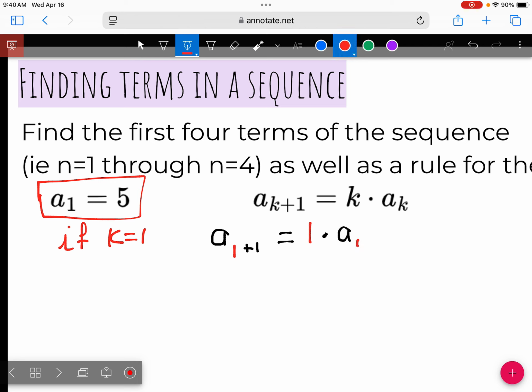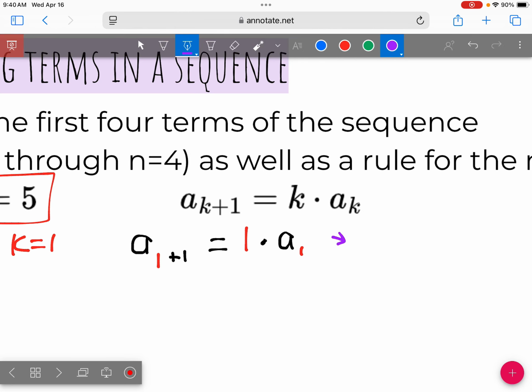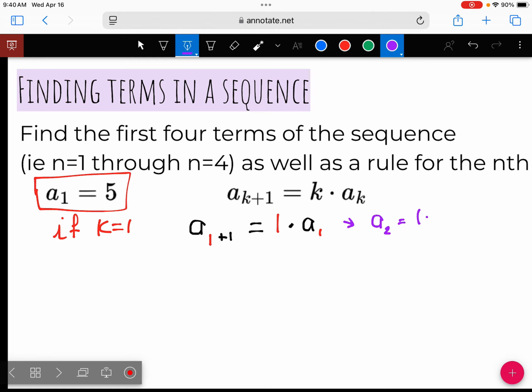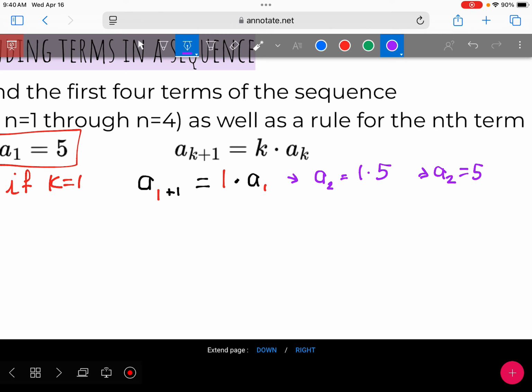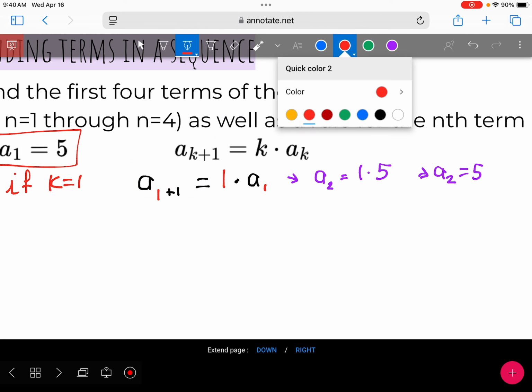So if we let k equal 1, that tells us a sub 2, because 1 plus 1 is 2, equals 1 times our a sub 1. A sub 1 is 5. So we get that a sub 2 is 5, right? So it's just another way of writing it. Whatever works for your brain works for me.